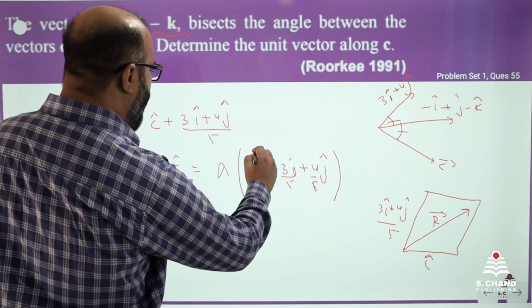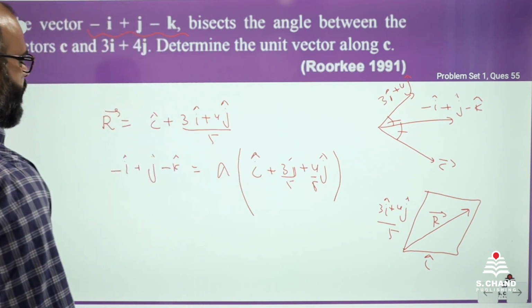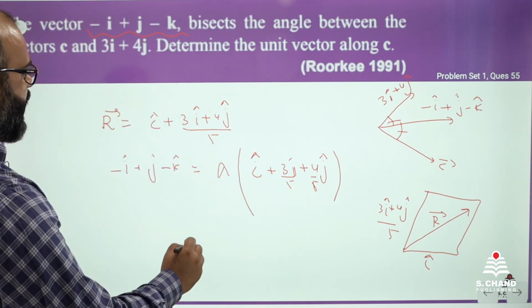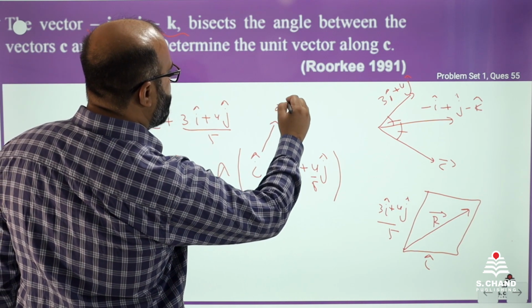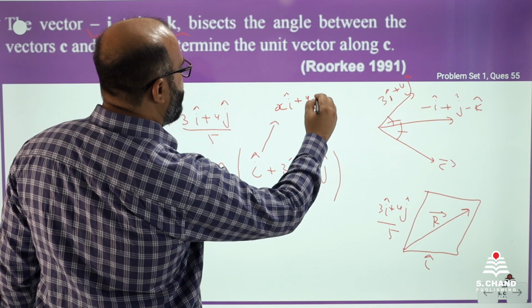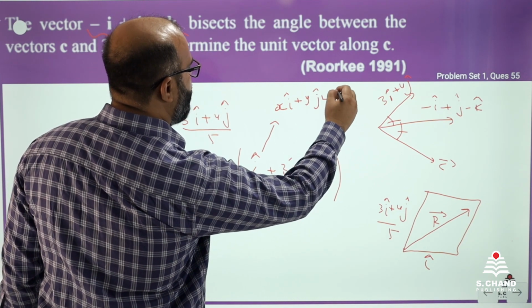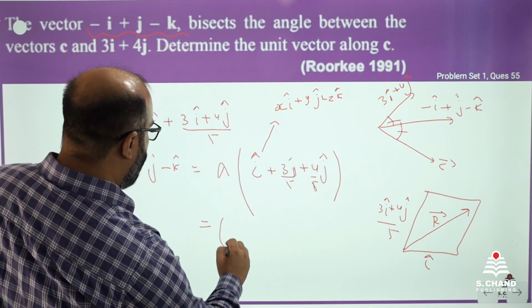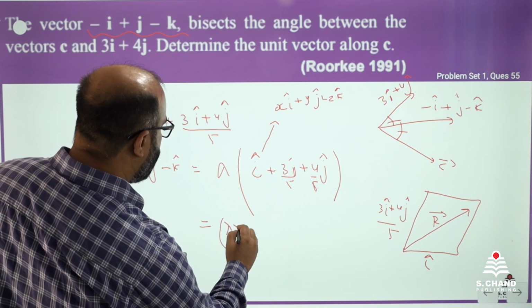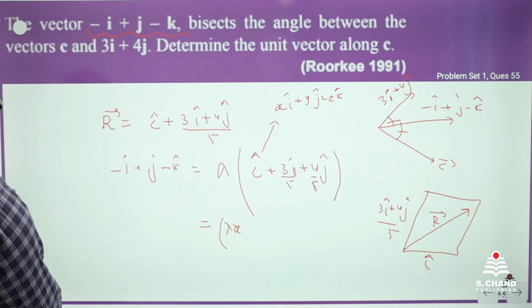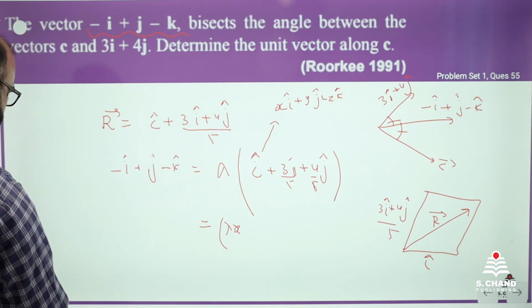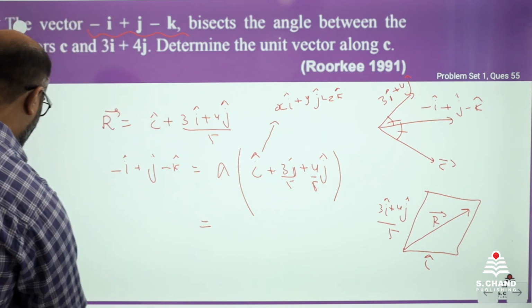If you want to find the unit vector C, you can take it as xi plus yj plus zk. Lambda is multiplied to all of them, so let us take lambda common here.